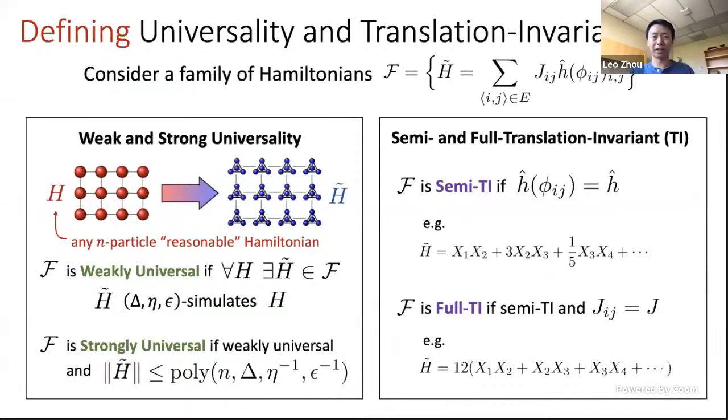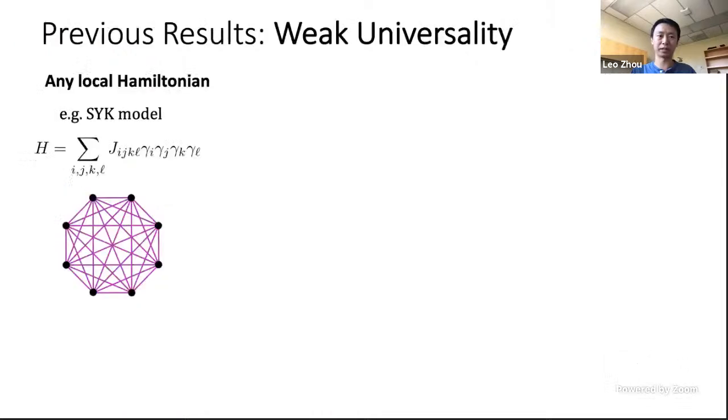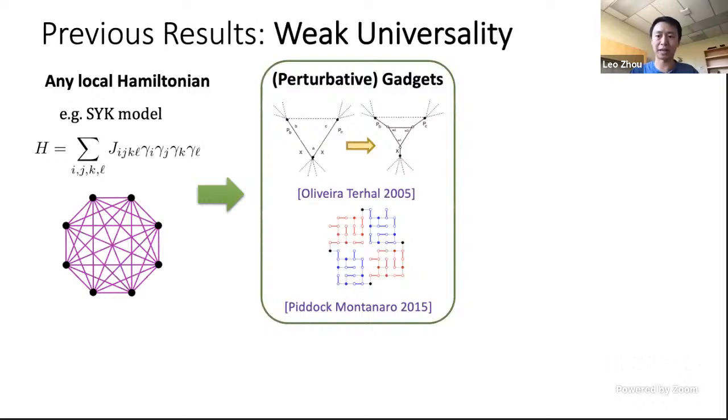Okay, now that I have given all the definitions, I can describe our results in more detail. I will start by telling you a bit more about the previous results on universality. In this earlier result, they took basically any local Hamiltonian, it could be, say, an SYK model, and applied a bunch of perturbative gadgets to them.